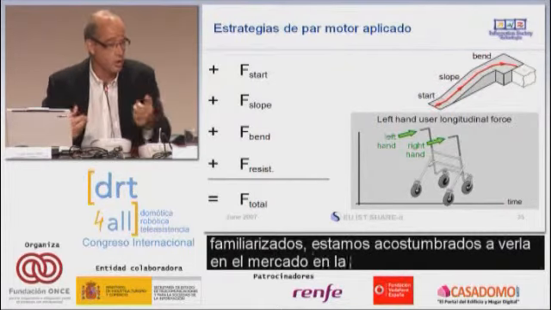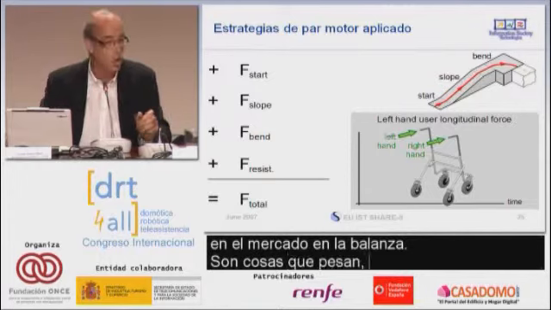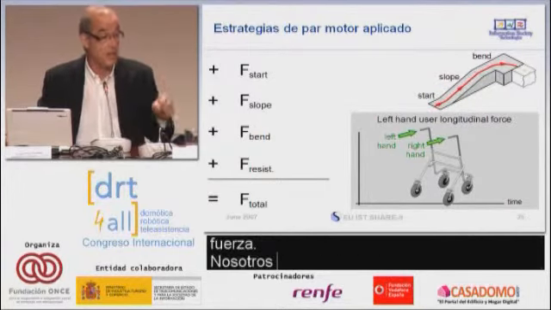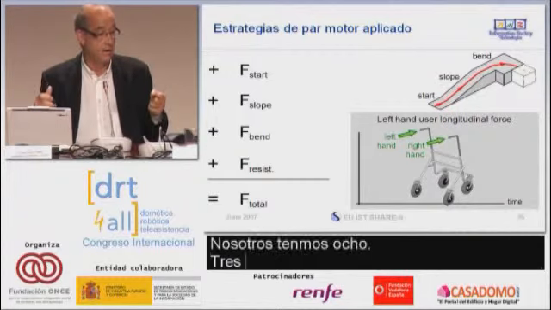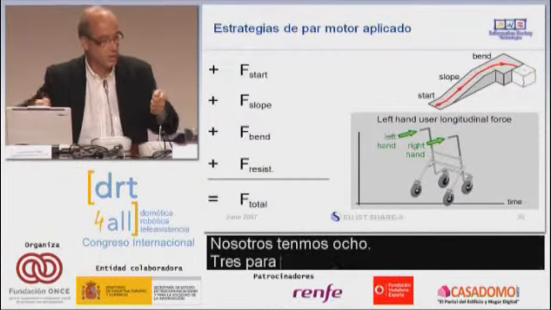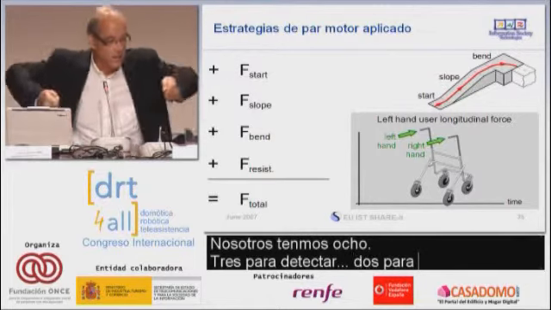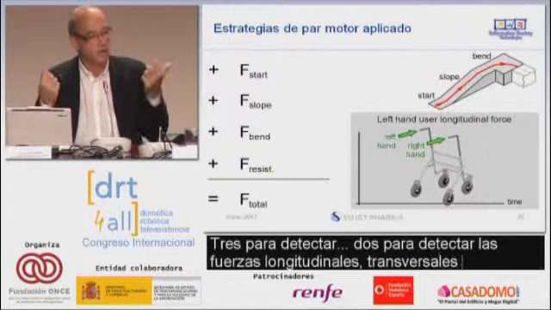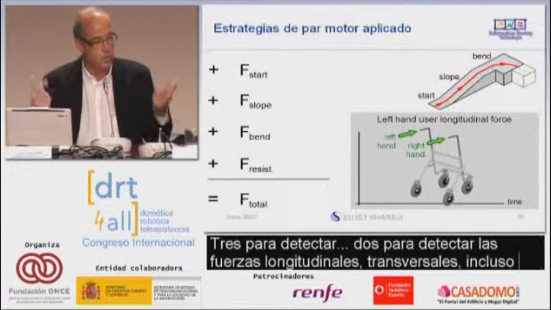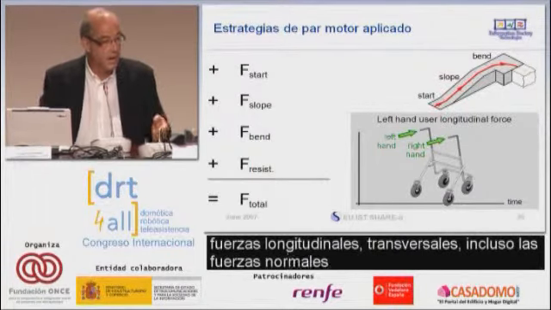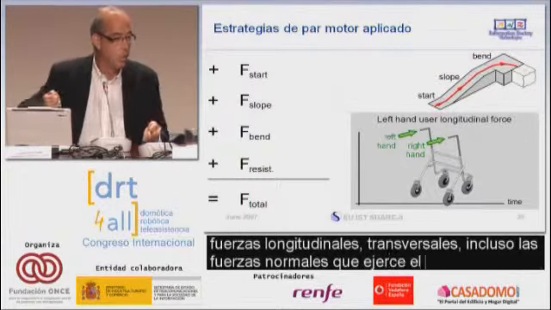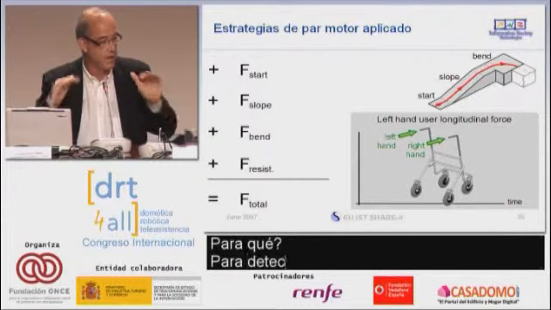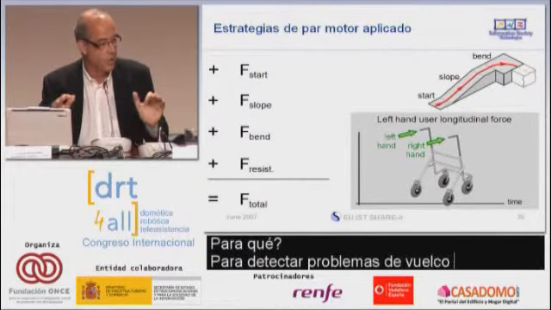This is an extensiometric gauge, something that measures force. We have 8 of these gauges, 3 to detect, or 2 rather, to detect the normal forces of the floor, to prevent tipping over.